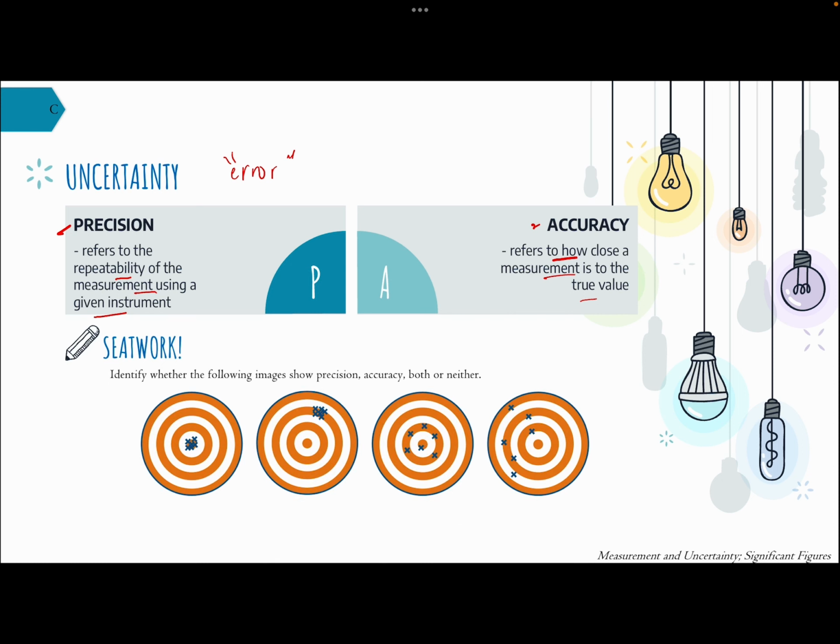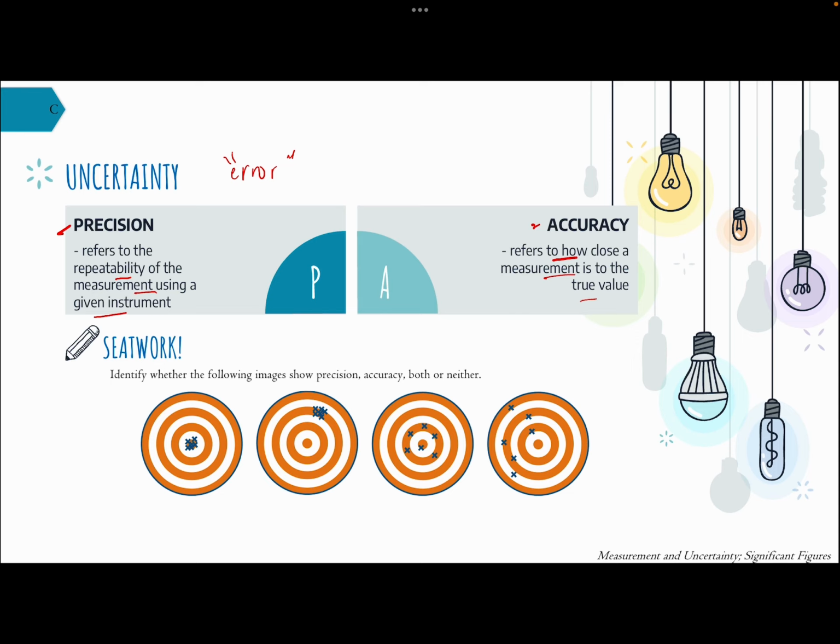And these figures here are darts thrown at a dartboard. It will help us visualize the difference between the two. So, seatwork yung dapat ito, but because hindi tayo face-to-face, sagutan na lang natin all together. Okay.